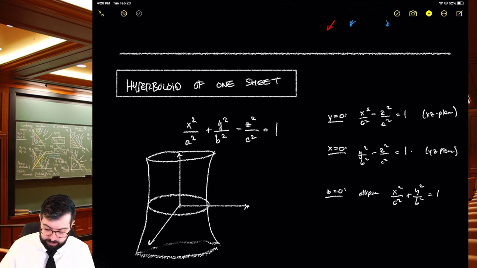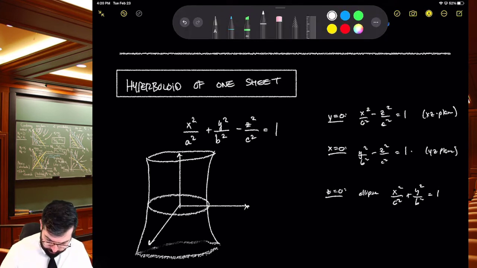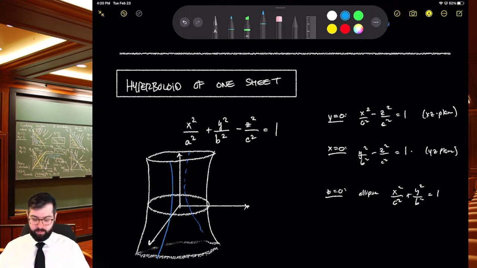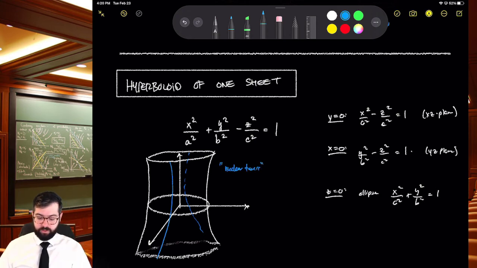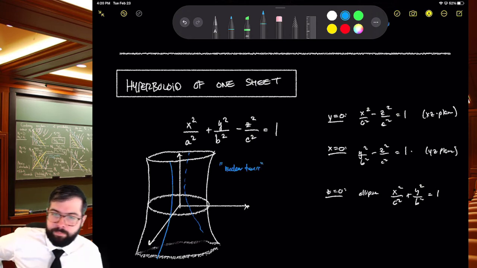Ellipses as cross sections in this direction, and in the other two directions, they have these hyperbolic curves. So think of those nuclear towers. So it's a hyperboloid of one sheet.